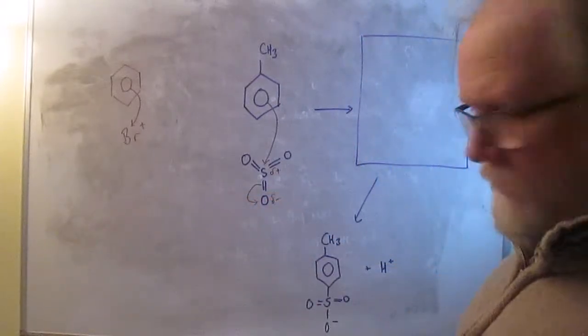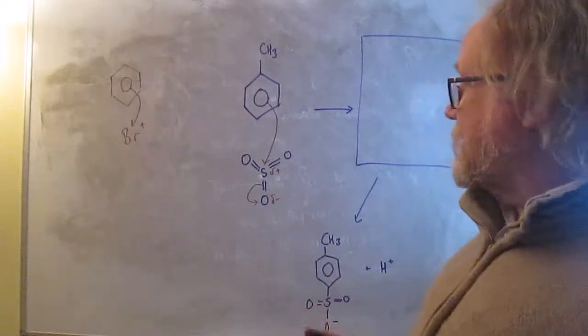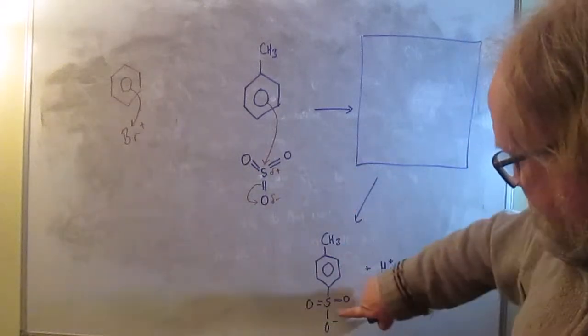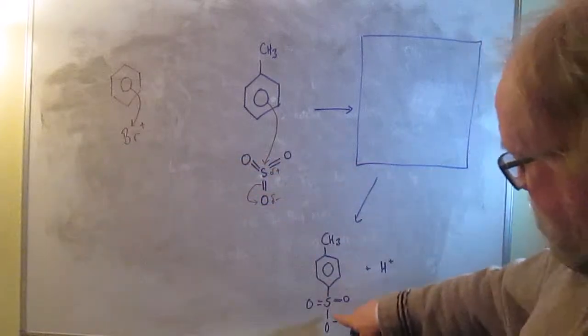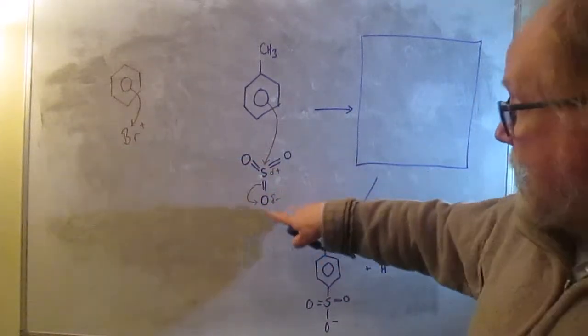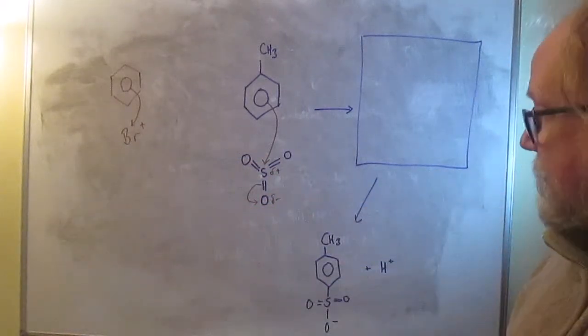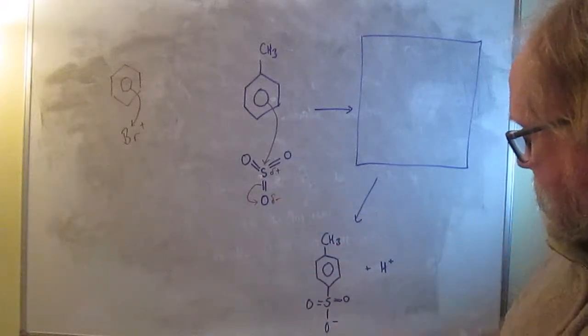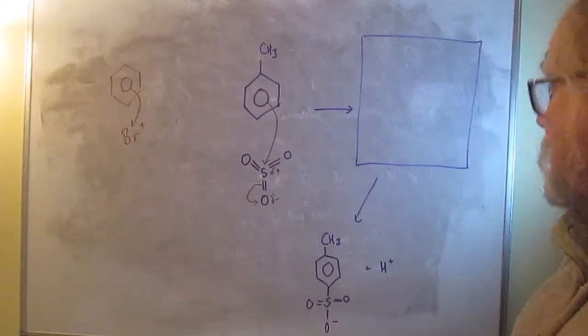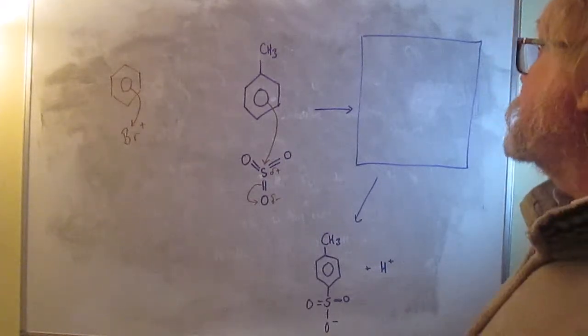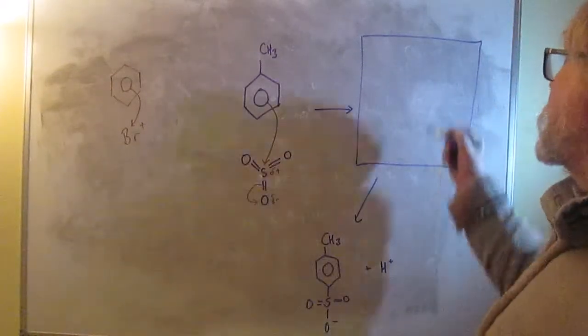Now you might not have guessed immediately that that would happen, but if you look at the product, you can see it has happened. What was a double bond here has broken to become single bond O-, and that should prompt you to think, oh yeah, I've got to have an arrow like that to give me the O-. So based on that, you should now be able to draw your intermediate.